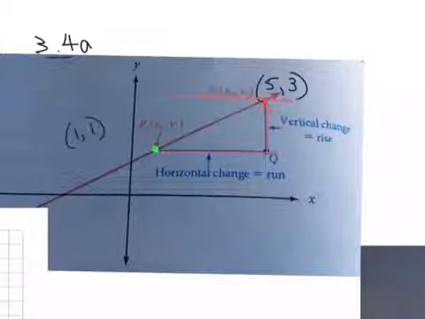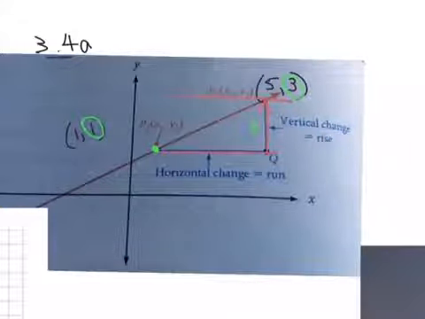Well, if our second number is 1, that means we went up 1. This second number is 3, so we went up 3 to get here. So the distance between here and here is going to be 2, right? It's going to be wherever we are with the y and wherever we are with the y there, the difference between those two. So we could write it as 3 minus 1 equals 2. That is the vertical change.